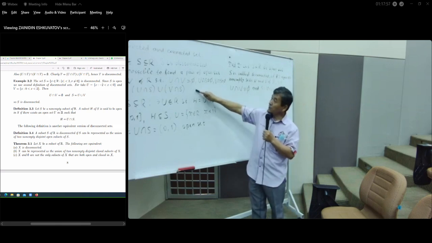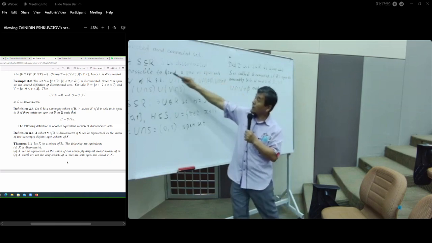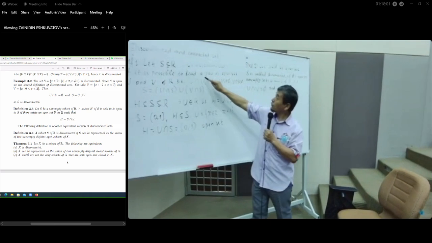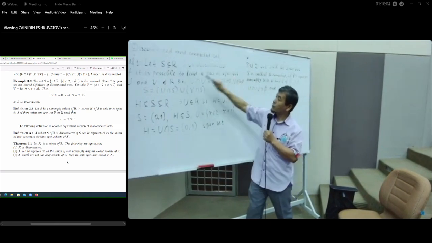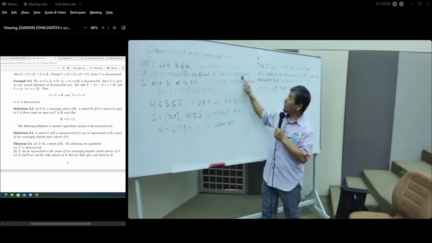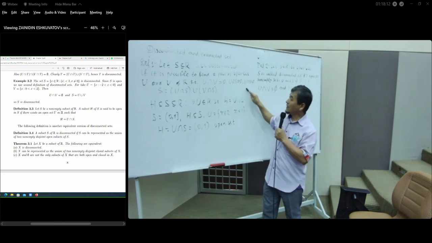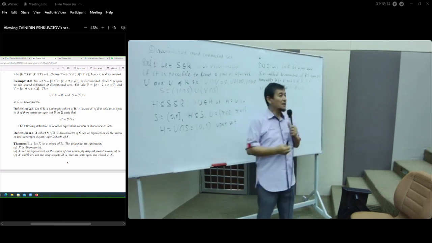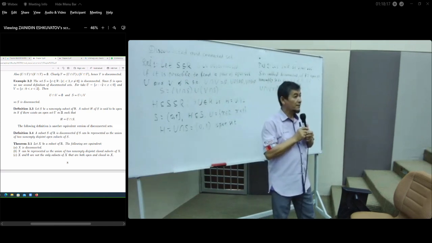In the first definition, S is disconnected if it is possible to find a pair of disjoint open sets U and V such that S can be written as a union of the two sets.